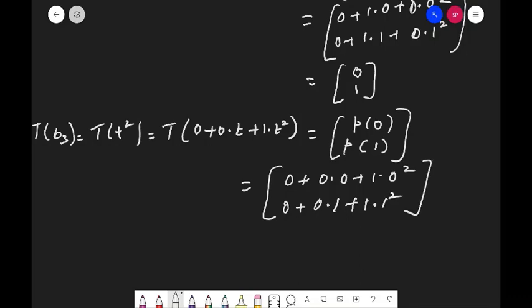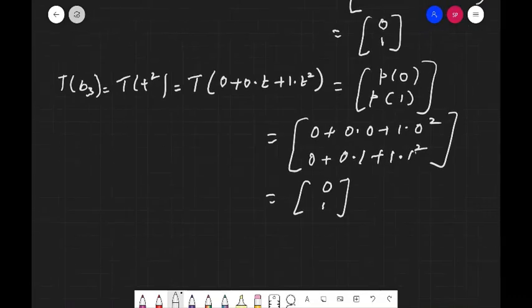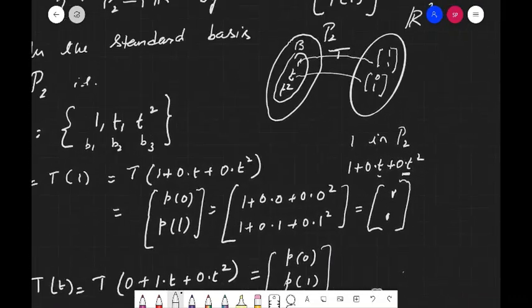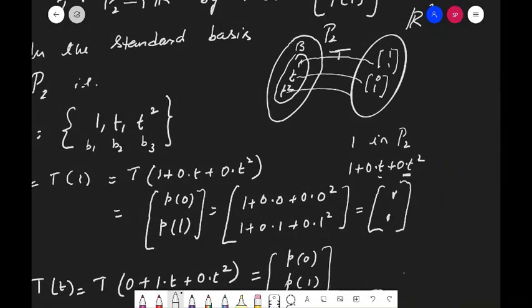So this will be equal to (0, 1). So this t square is also mapped to (0, 1).